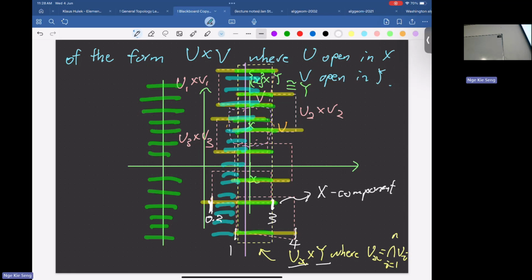Meaning you just need finitely many lines with your ui cross vi. So the horizontal component is finite, the vertical component from y is finite. Finite cross finite is finite.